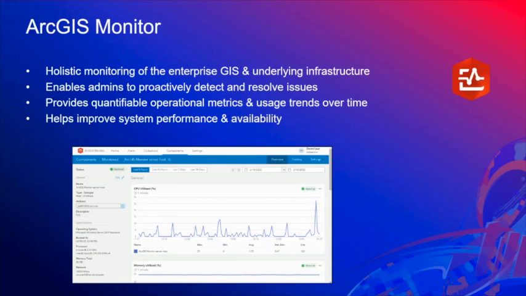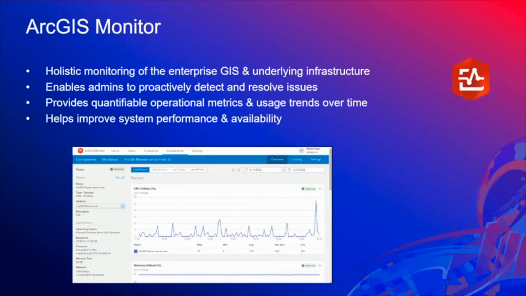So it's not just going to tell us about how the services are being used, when they're being used, but it's also going to tell us when we are running out of disk space, when our CPU is overtasked. Now, it's not just because of the GIS, but because of some bogus antivirus process that is now using all of our CPU, because something else is going wrong on the system that we weren't expecting.